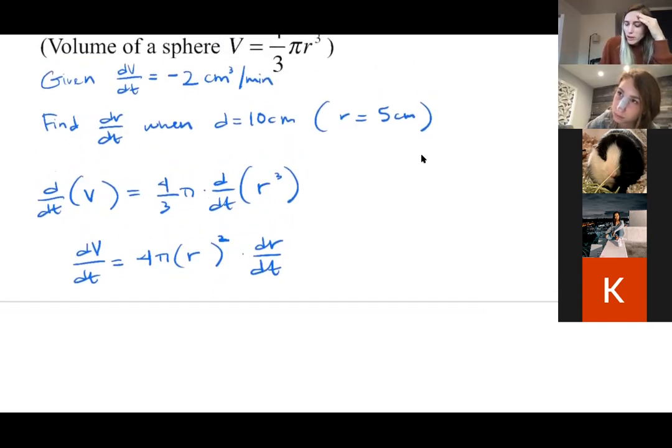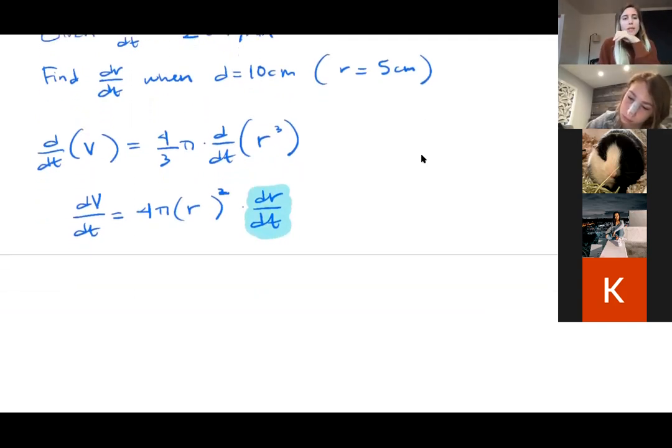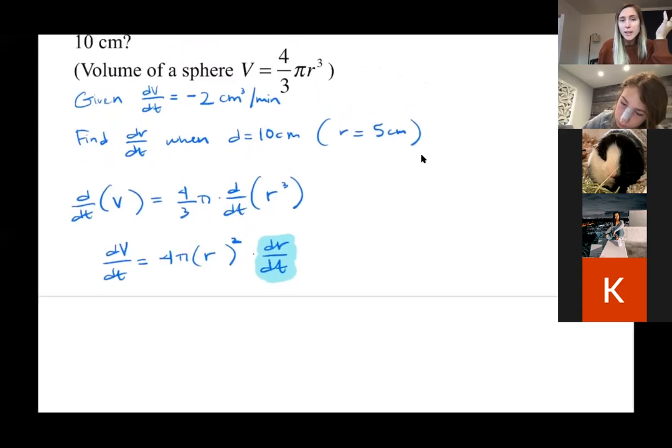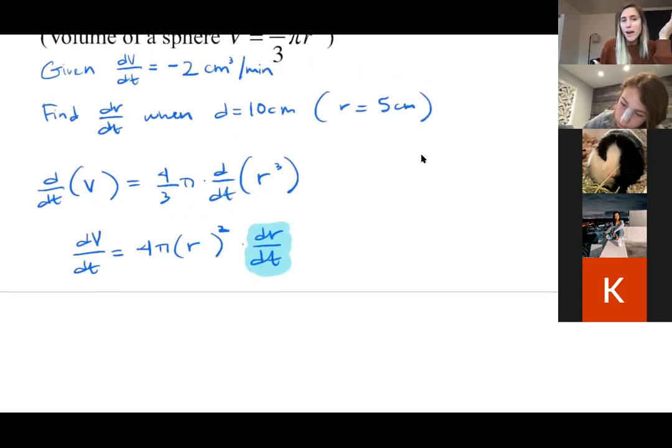So we are trying to solve for dr over dt. It's up to you at this point. After you've differentiated, you can plug in values, or if you want to get dr over dt by itself first, you can. I think it's a little bit easier to deal with the numbers, so since I've differentiated, I'm going to plug in values now.